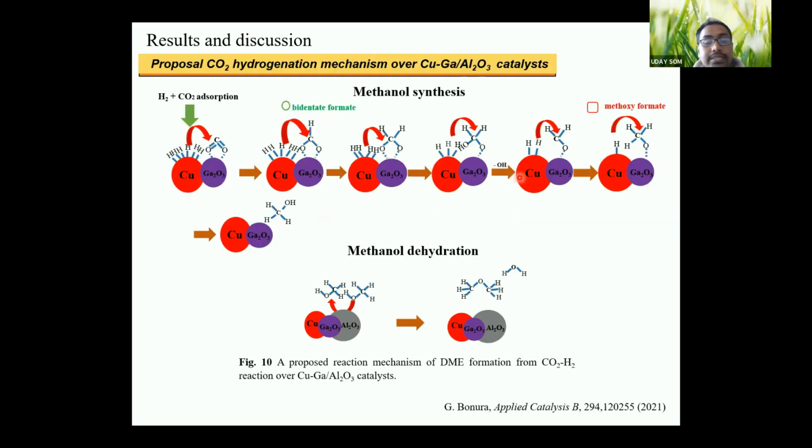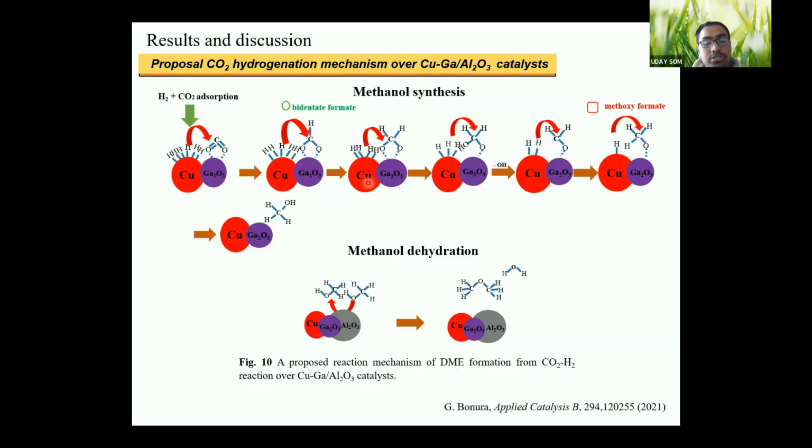So in this figure, I try to show the proposed carbon dioxide hydrogenation mechanism over the copper gallium aluminum oxide catalyst. Firstly, the activation sites of the carbon dioxide lead to the formation of the methanol. The adsorption of carbon dioxide and hydrogen on the copper-based catalyst occurs in several ways.